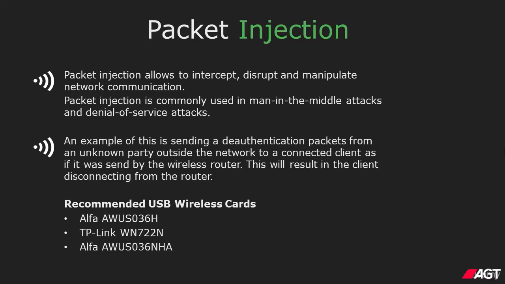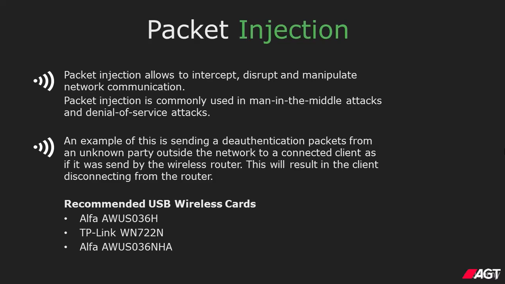The best supported and recommended USB wireless adapter for Kali Linux is the Alfa AWUS036. This adapter has good sensitivity and can find hotspots that are far or weak in signal strength.